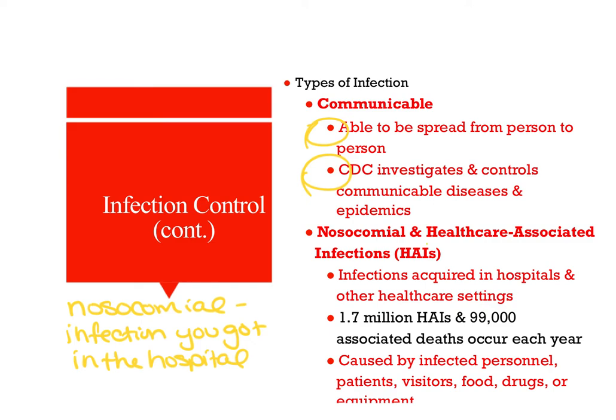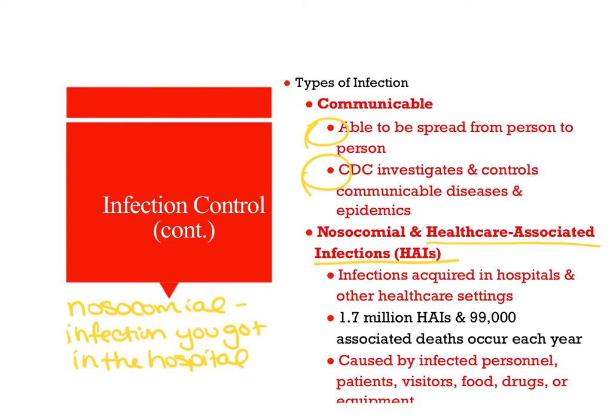Now, the healthcare associated infection. For the sake of the health of our patients, they broadened this term and put it under the umbrella of patient safety and something that we monitor throughout all of healthcare.